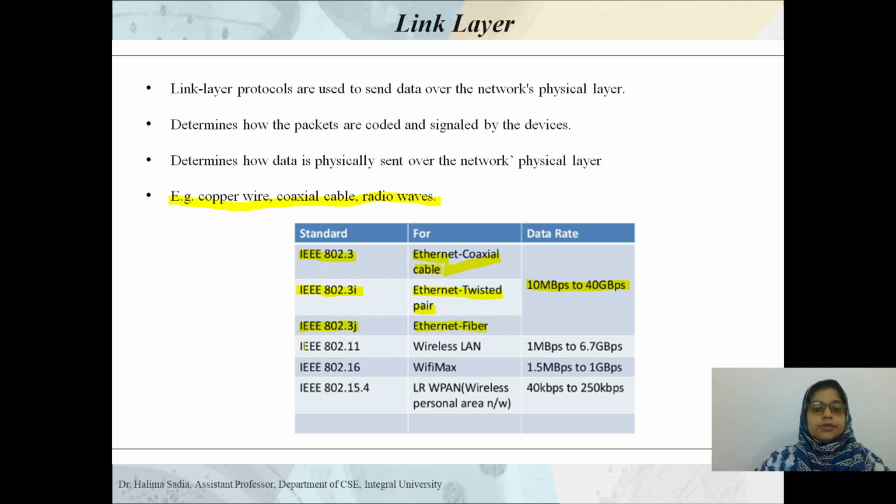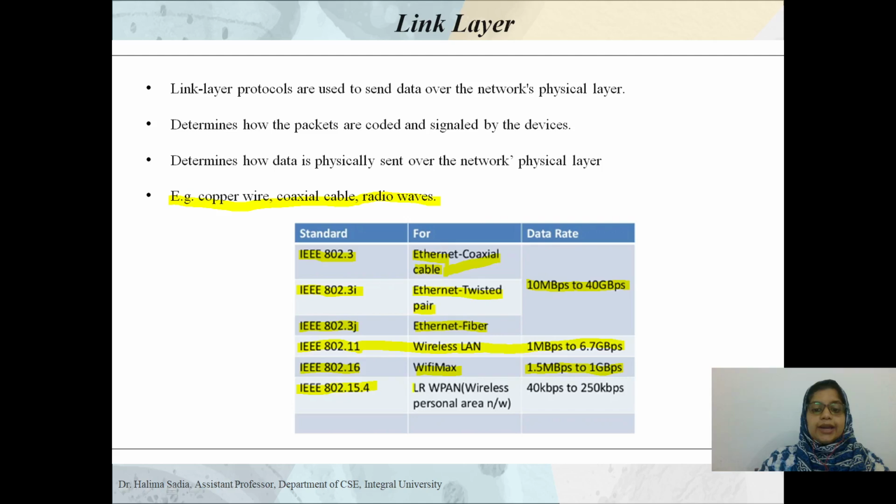We have IEEE 802.11, which is wireless LAN. It provides a data rate of 1 Mbps to 6.7 Gbps. Then we have IEEE 802.16. This is WiMAX. It provides a data transmission rate of 1.5 Mbps to 1 Gbps. Then we have the IEEE 802.15.4 standard.